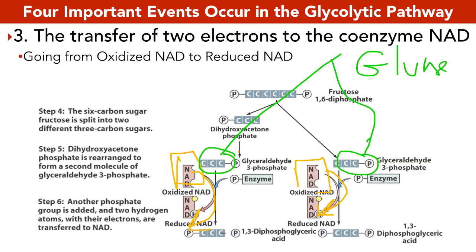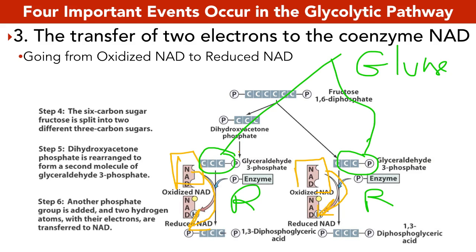So what's happening here is NAD is taking some high energy things from that byproduct of glucose. Okay? It's filling the keg up, so to speak. Now when it's getting an electron, is it being oxidized or reduced? Reduced, exactly. So we have a reduction here and a reduction here.